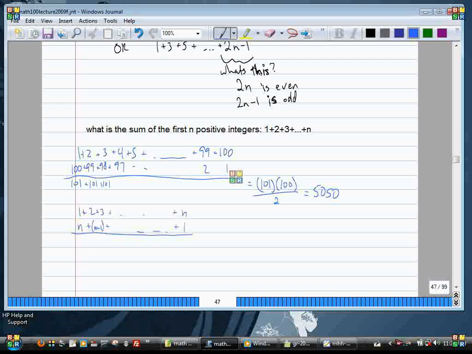Each pair, when you add it together, what are you going to get? n plus 1. What does the next pair give you? n plus 1. So each of these is going to be n plus 1. Now, how many of them do we have?